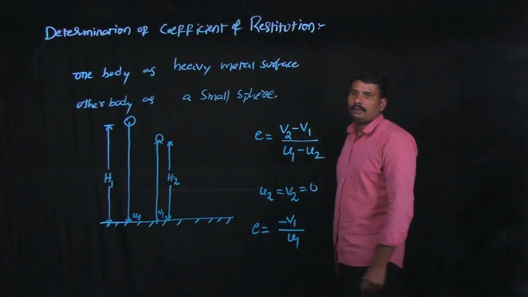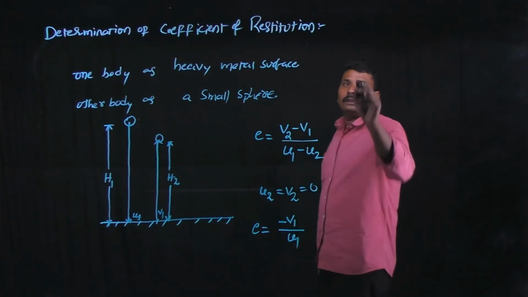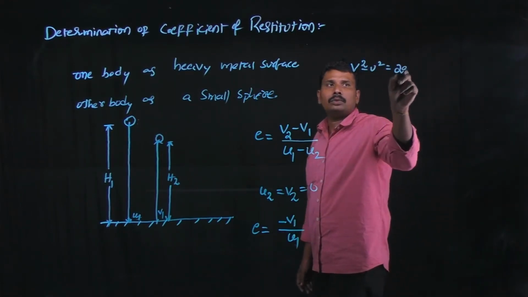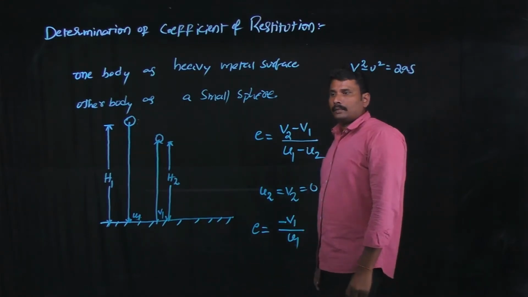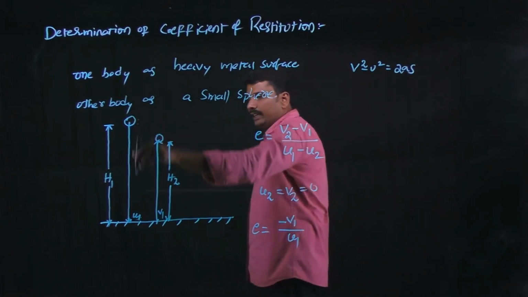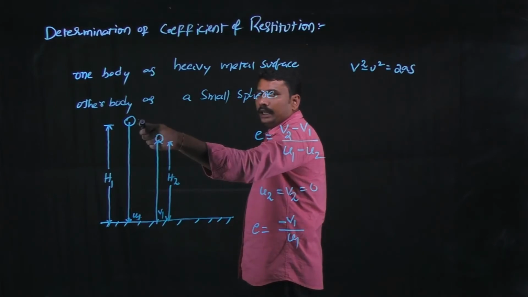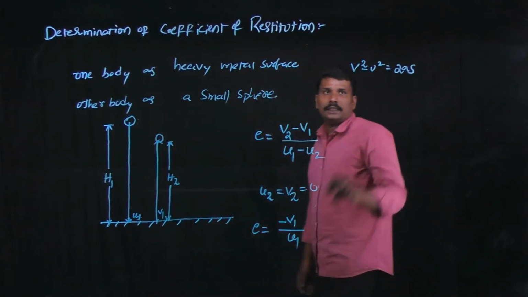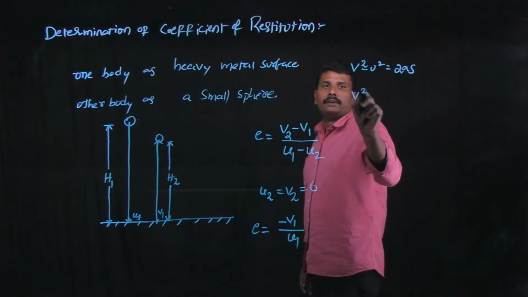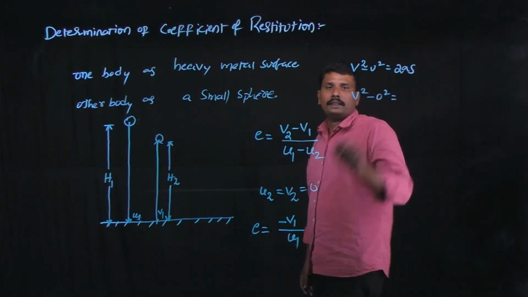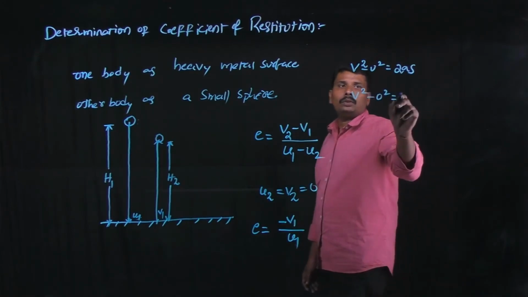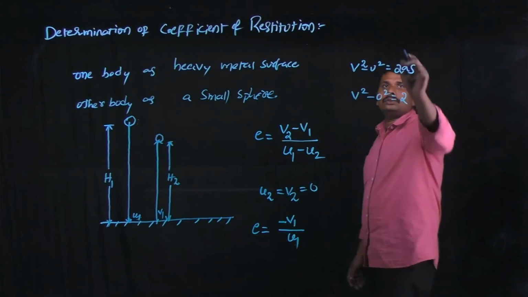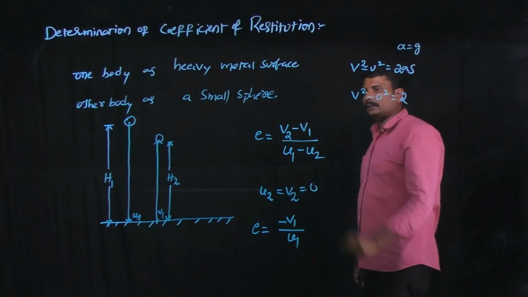Now from the kinematic equations, we have the formula v square minus u square equals 2as. Initially, the velocity of the small sphere is 0. So v square minus 0 square equals 2 into a, where for a freely falling body a equals g.